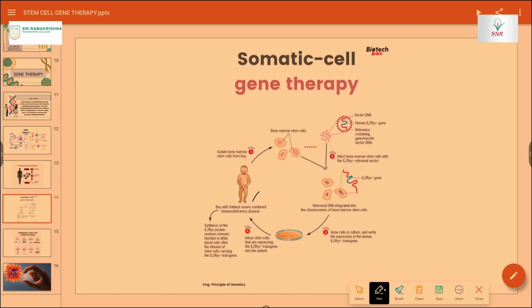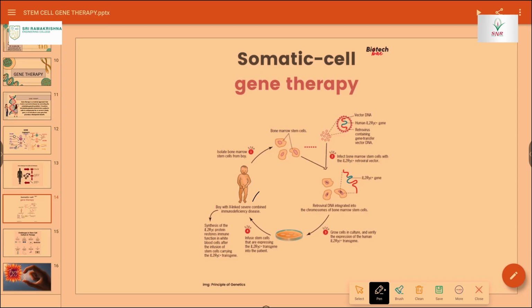This baby has an X-linked condition, that is, the X chromosome is affected, and that leads to an immunodeficiency disease, that is, deficiency of certain interleukins in the blood cells, white blood cells especially. These proteins like interleukins are responsible for giving immune response in the body. Since those proteins are not expressed in the boy, he is immunodeficient.